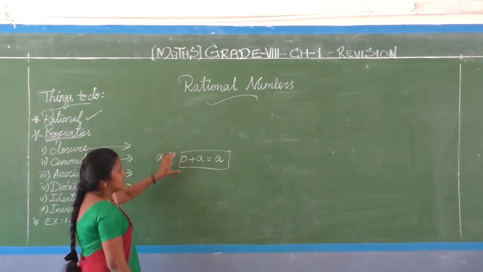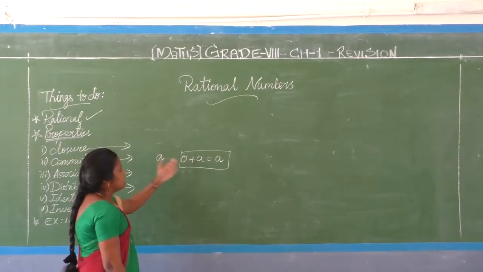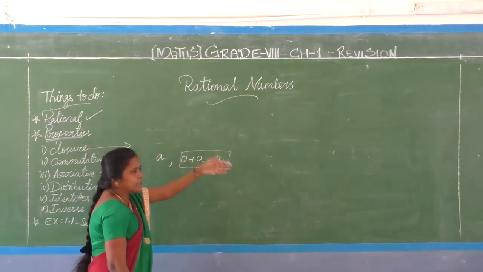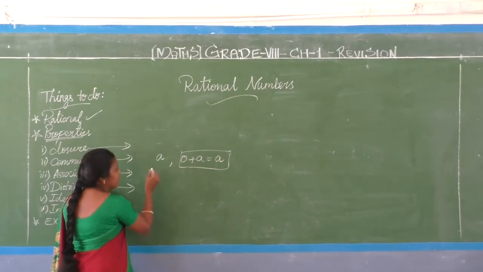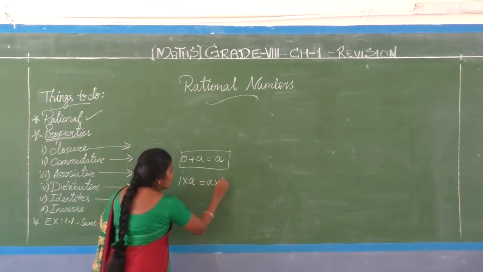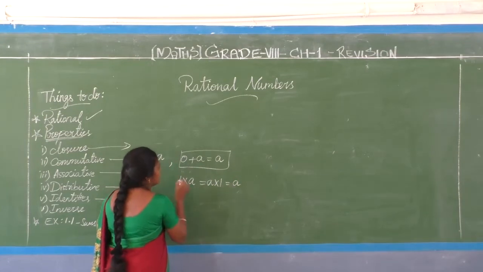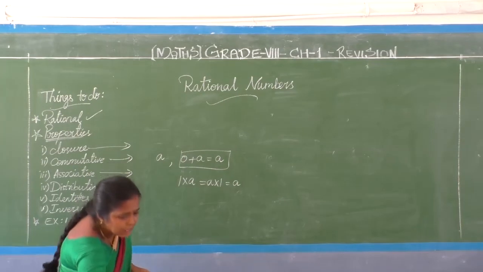For the general result in rational numbers, for any rational number a, 0 plus a equals a plus 0 equals a only. Same way for the multiplicative identity, for any rational number a, 1 into a is equal to a into 1, which equals a. This is a general result, general form. Clear?